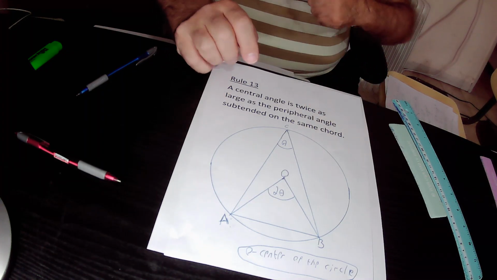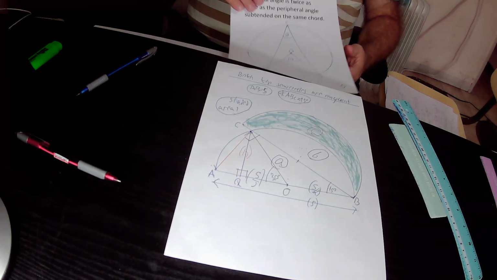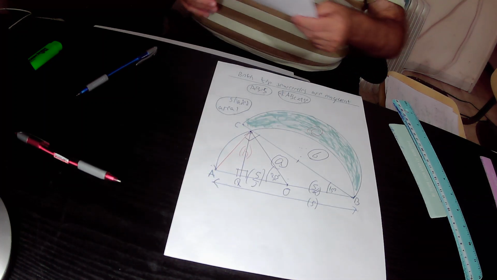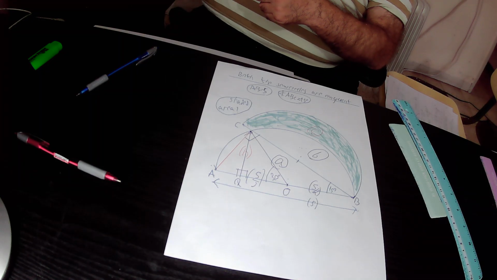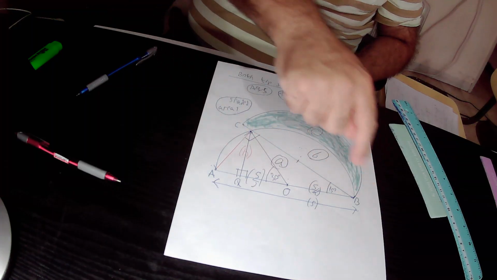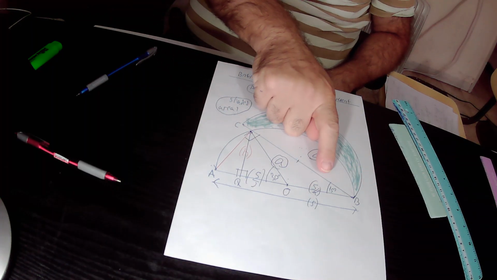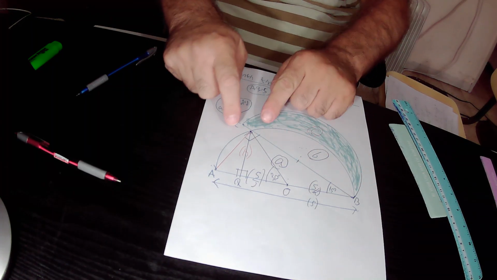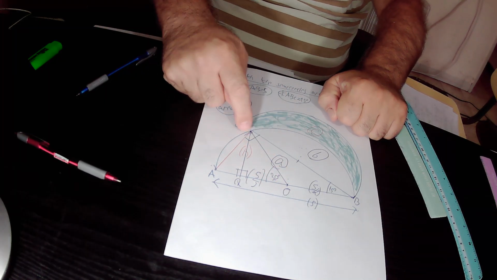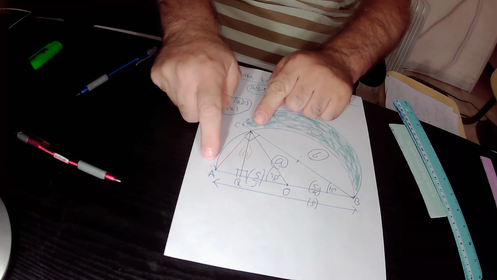Okay, so we can implement rule 13 in our drawing. As I already mentioned, we already implemented rule 13 in our drawing, because in our drawing we have peripheral angle ABP equal to 15 degrees in size, and it subtends on chord PA. Likewise, we also have central angle AOP that subtends on the same chord, chord AP.